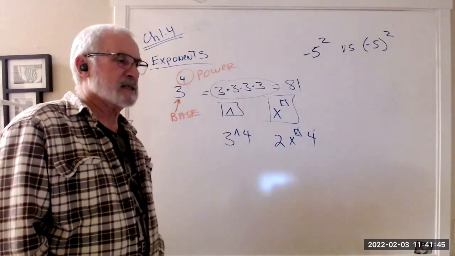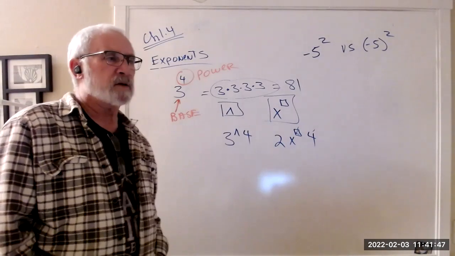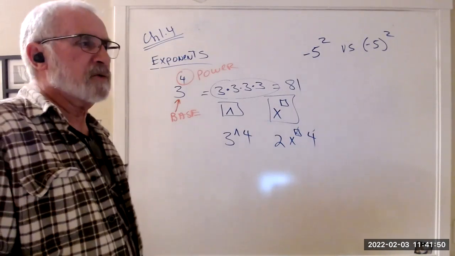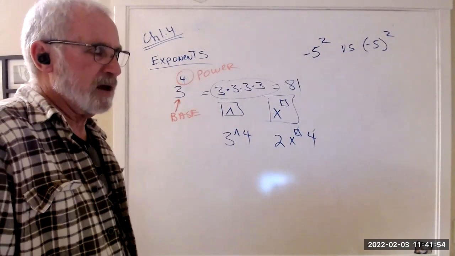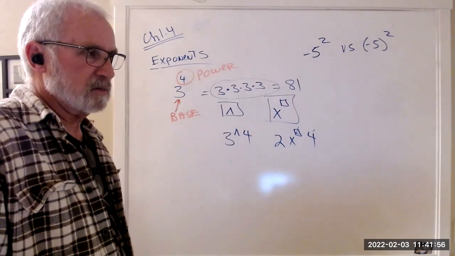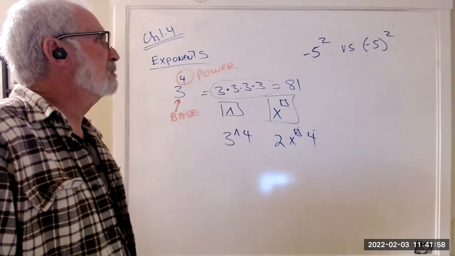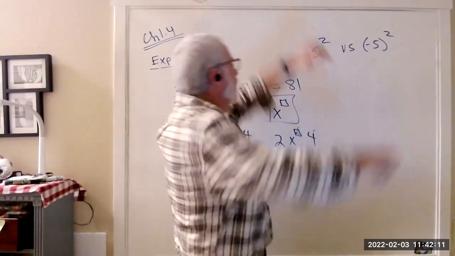And we did this last night. One of these is 25, and one of these is -25. The first one is -25. Why? Because we don't touch the minus if it's not inside the exponent. Good. Okay.